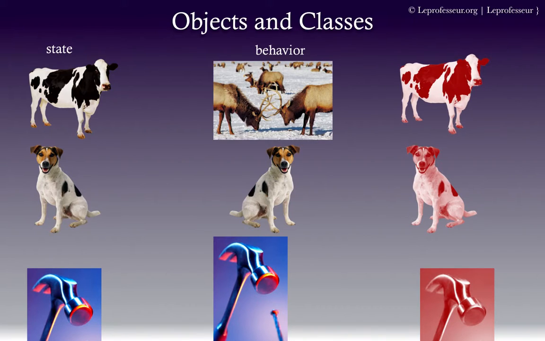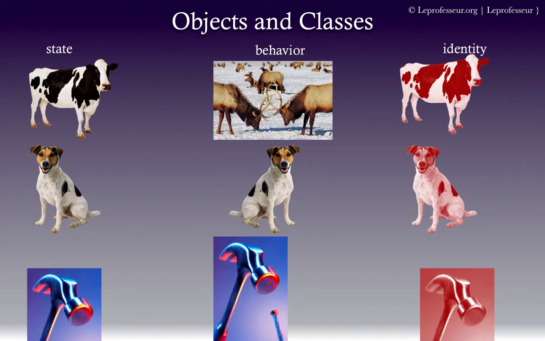Behavior is what we see as the objects change. For example, here the cows are fighting. That is one behavior, but they may have other behavior, like the cows give milk. That's another behavior. So the same object is transiting into a different, dynamic state, right?